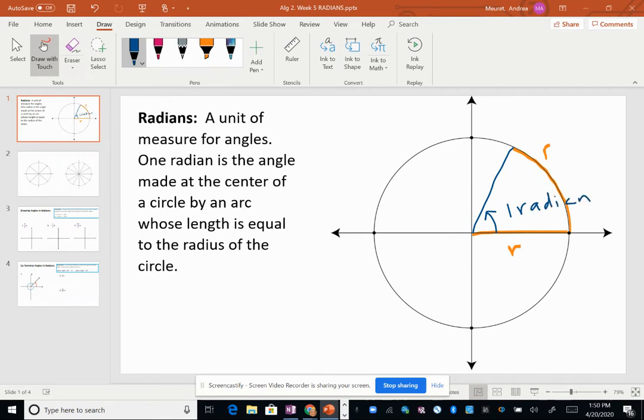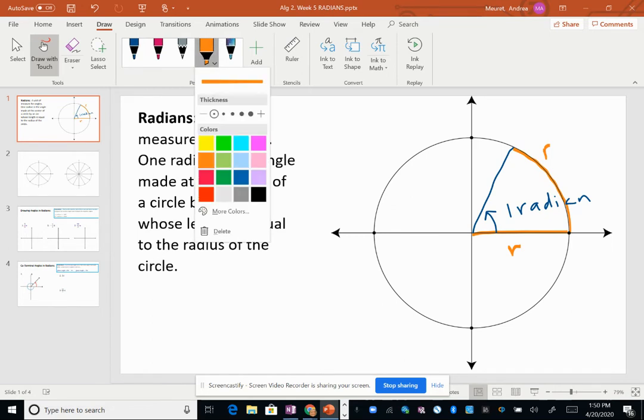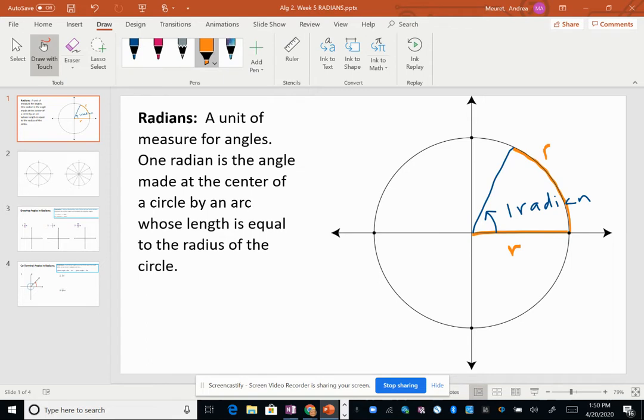So remembering that positive angles start on the positive side of the x-axis and then rotate counterclockwise, that particular angle that I just drew has a measurement of positive 1 radian. Well, to get all the way to the other side of the circle, it is a distance of just over 3. There's 2, 3.